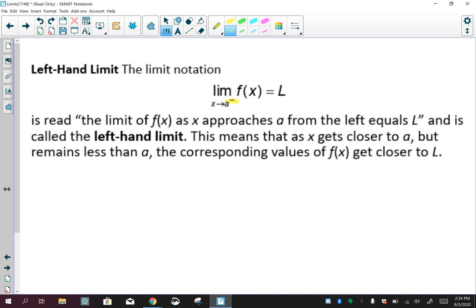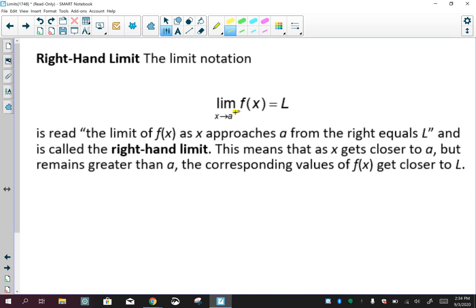Okay. If I'm looking for the right side, the same thing, but I only care about approaching it from the right side. Now, that plus and minus doesn't necessarily mean that my answer is going to be a positive answer or that my x value is going to be a positive value. No, it just tells you direction. It has nothing to do with the sign that sits in front of the number that you're looking at, because it doesn't sit in front of anything.